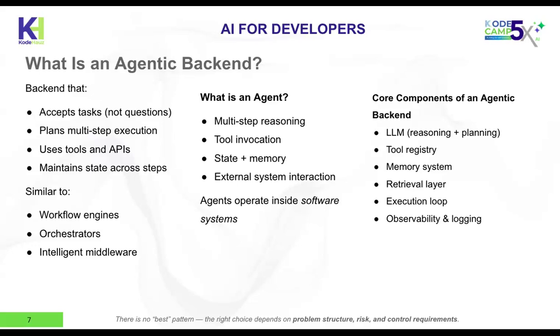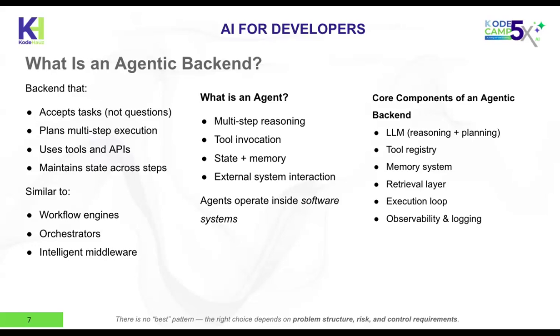So essentially, an agentic backend is an endpoint that you have created, or a backend that you have created, that has an agent running or has the capability to run an agent whenever it is needed. That's what makes an agentic backend. So you could say that an agentic backend is similar to workflow engines or orchestrators or intelligent middleware, right?